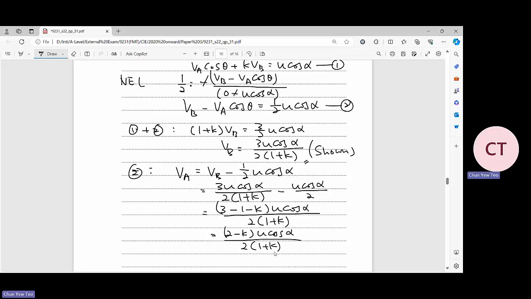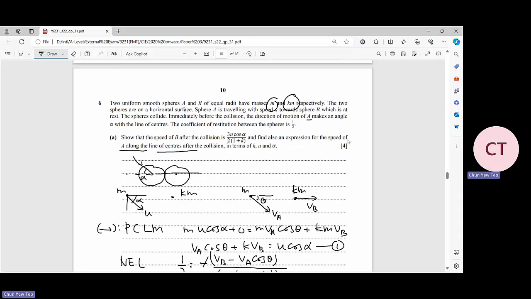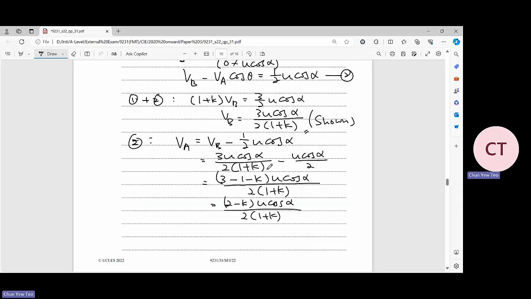Now over here, the question didn't state clearly the direction of A. Does it remain the same or has it changed? We do not know. And is this one positive or negative? We are not so sure. Basically this is the answer, it's just that we don't know if it's positive or negative. But they mention speed, not velocity, so we make it positive.